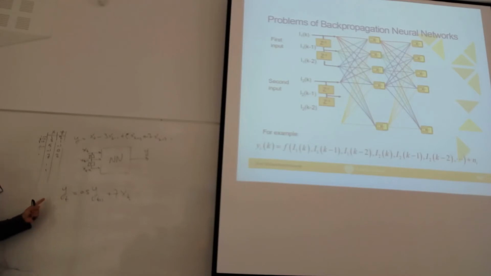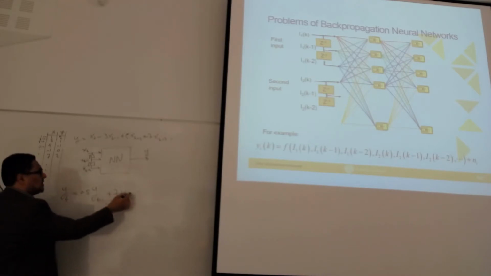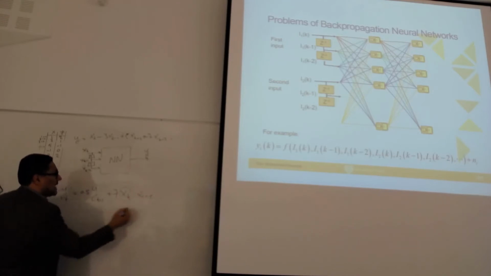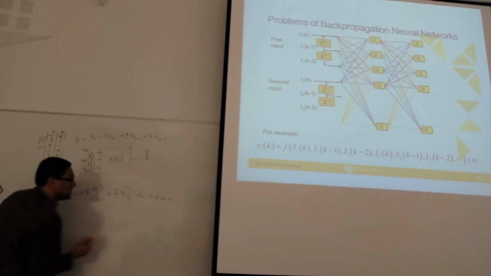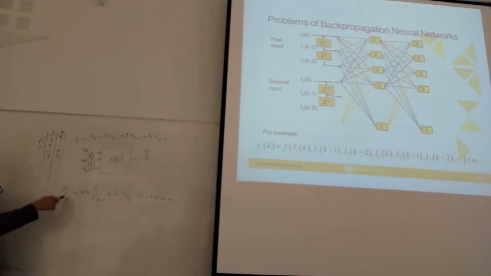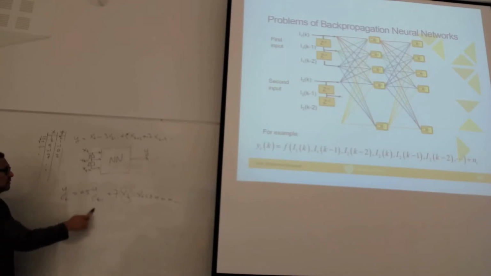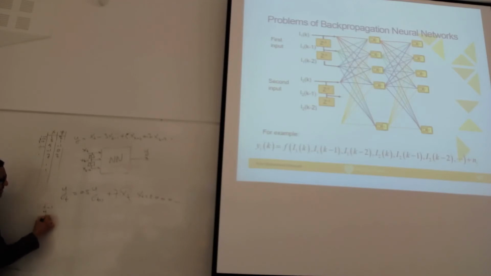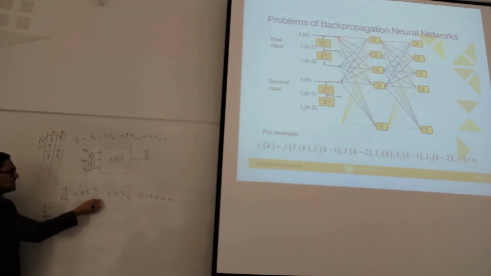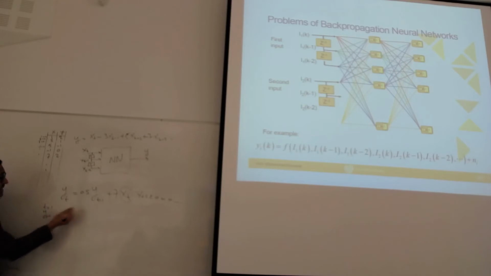So if you assume that you start with only x(t) equal to 1, and then after that x(t) is always 0. In that case, y(t) at t equal to 1 will be 0.5 times y0, which is 0 in the initial condition, plus 7 times 1, so it will be 7.